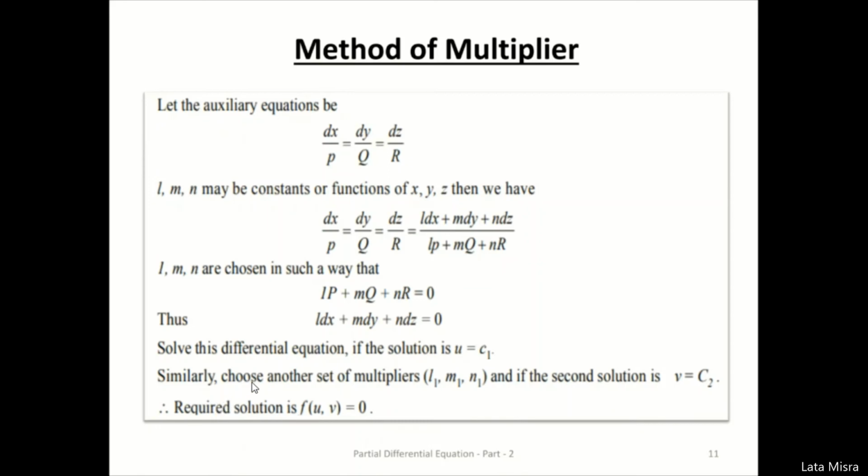We choose another multiplier l1, m1, n1 in such a way that l1p + m1q + n1r is equal to 0, and we get another solution v = c2, and the combined solution is given as f(u, v) = 0.